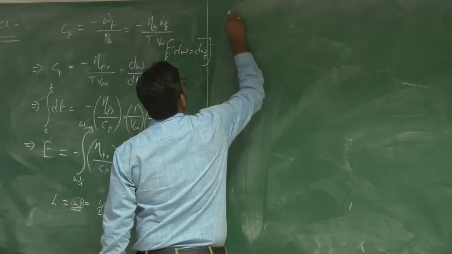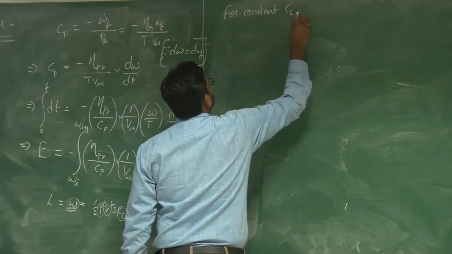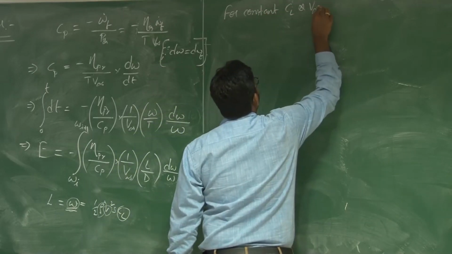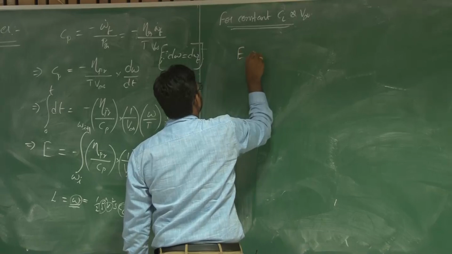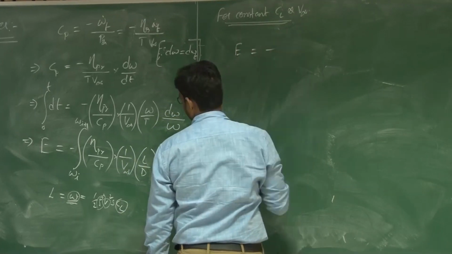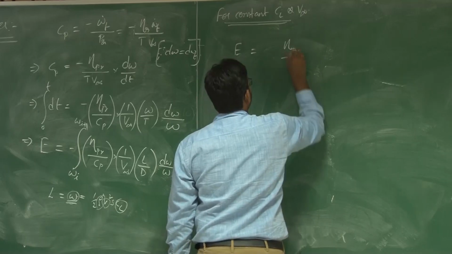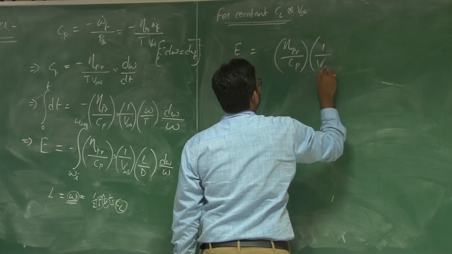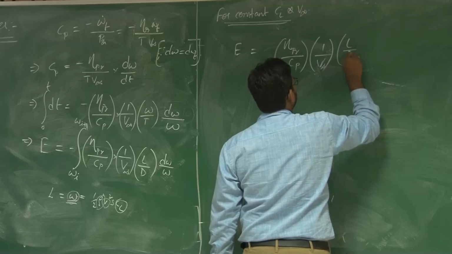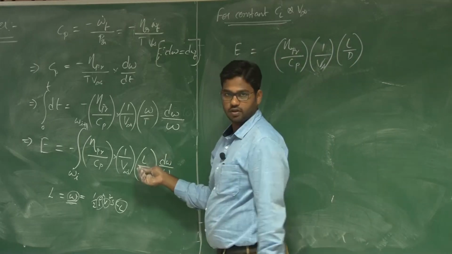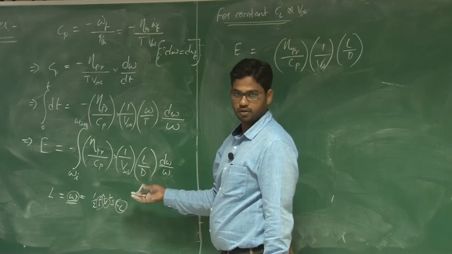So in that case, for constant CL and V infinity, what happens? The endurance is equal to eta of the propeller divided by Cp, and velocity remains the same, constant, 1 by V infinity into L by D, which remains constant, because when CL remains constant, CD will also remain constant here.